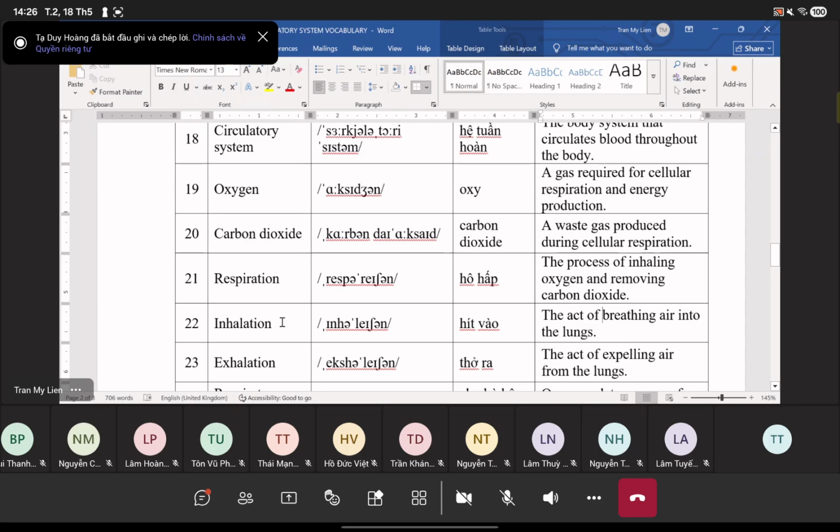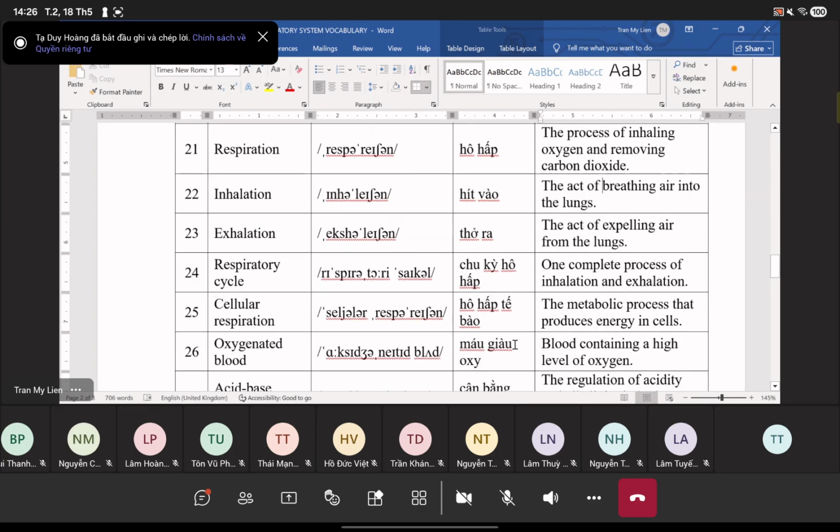So inhalation means breathing in, and exhalation means breathing out. Respiratory cycle is the complete process of inhalation and exhalation.